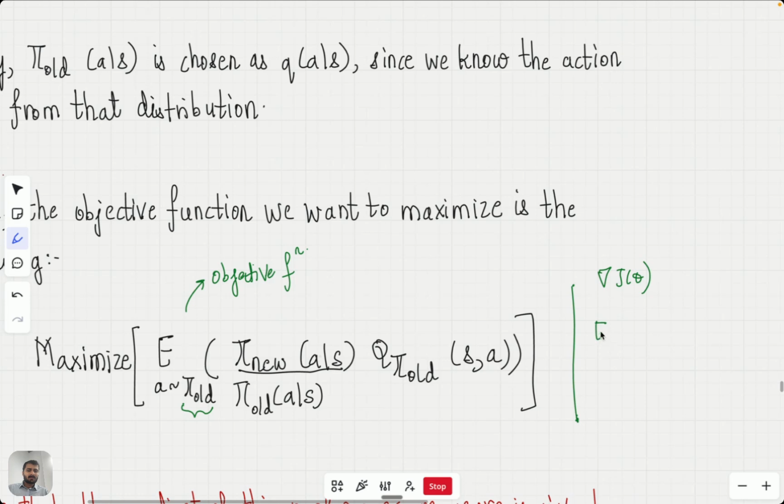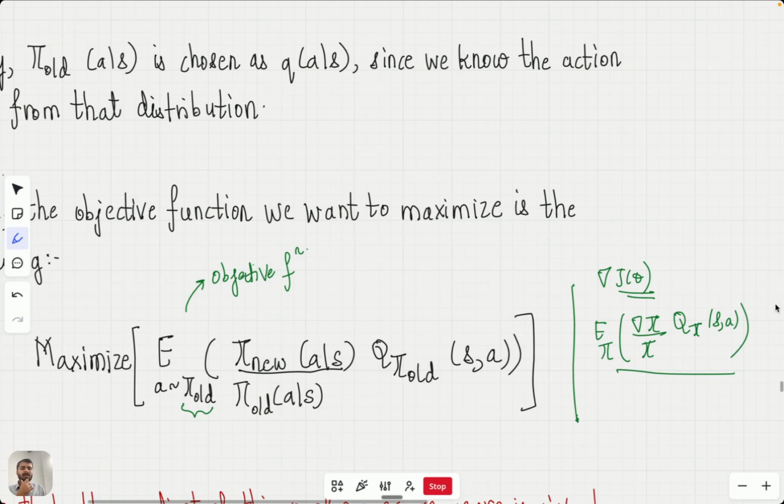It looks like this: expectation of grad pi divided by pi times q pi s comma a, and the expectation is over pi. So now this is the gradient of the performance measure. If you take the gradient of this expression, you will get something which looks very similar to this.